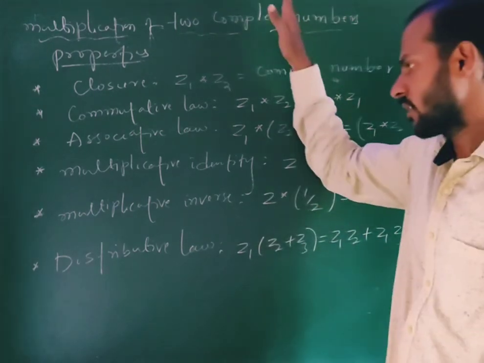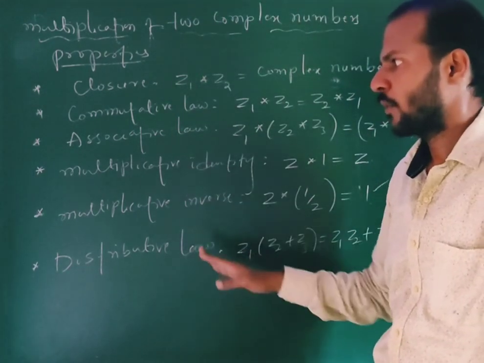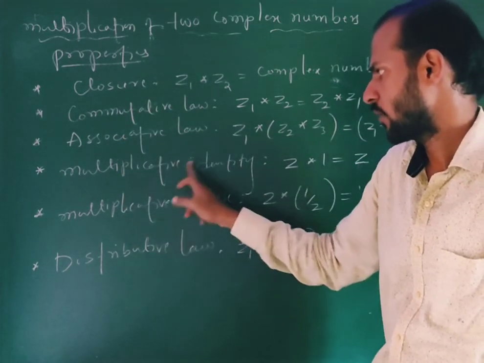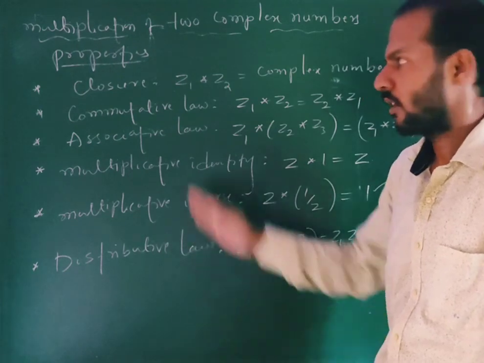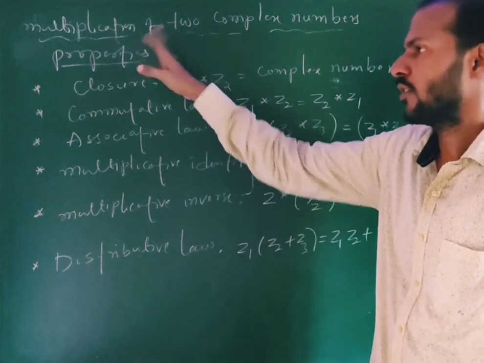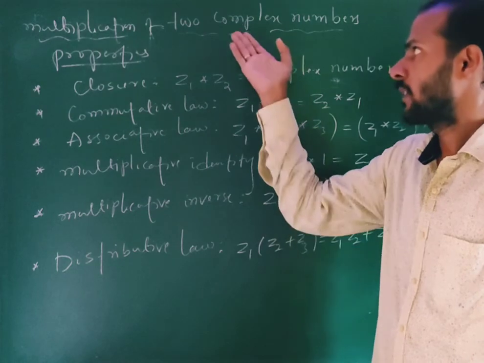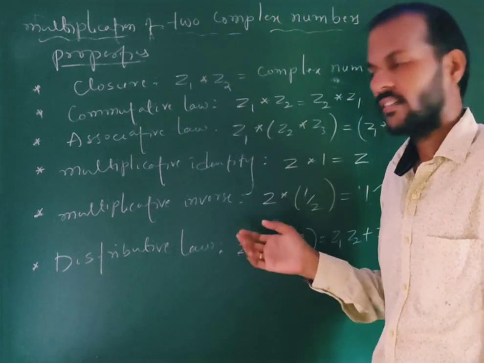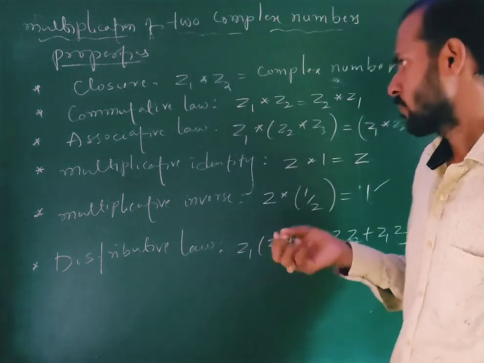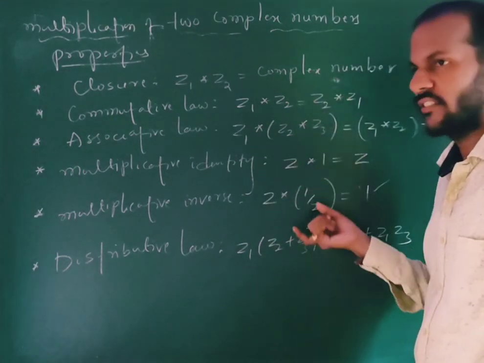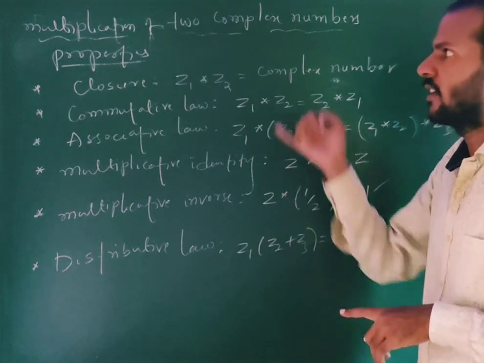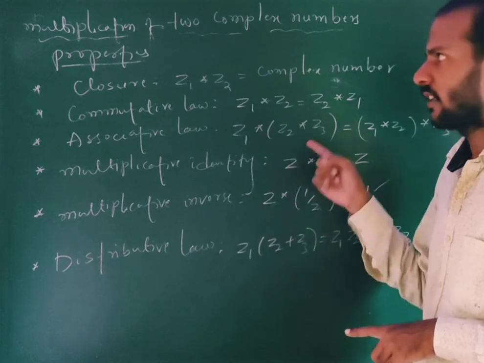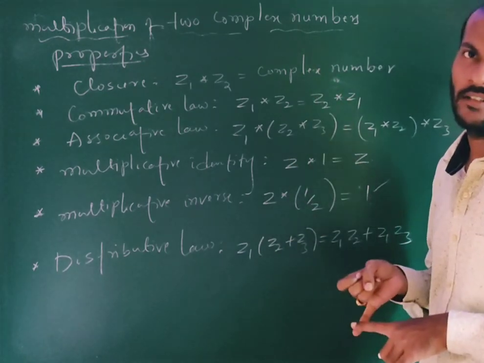If you want to check all the 6 properties: closure, commutative, associative, multiplicative identity and inverse, distributive, totally 6 properties are there based on multiplication of two complex numbers. Then take a complex number example and cross check whether these properties are satisfied or not, right? These are the 6 properties which are satisfied by all complex numbers.